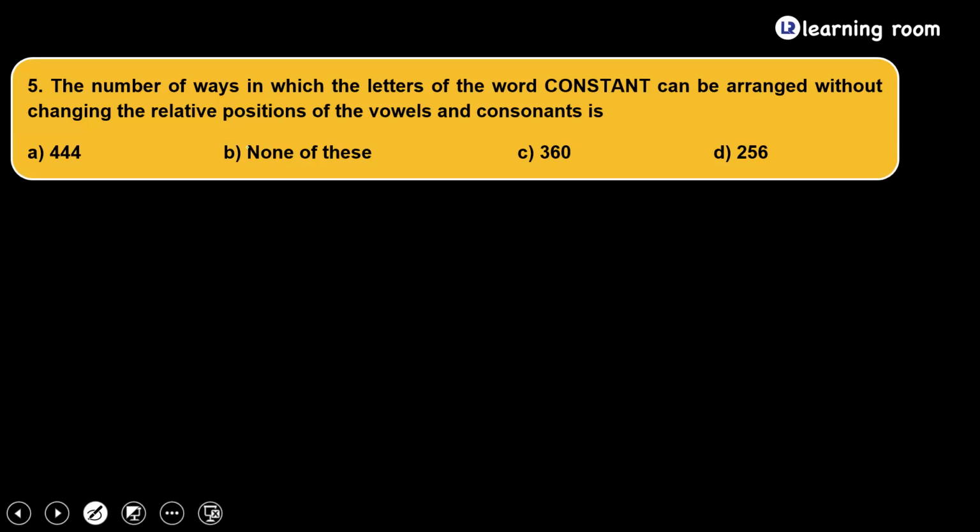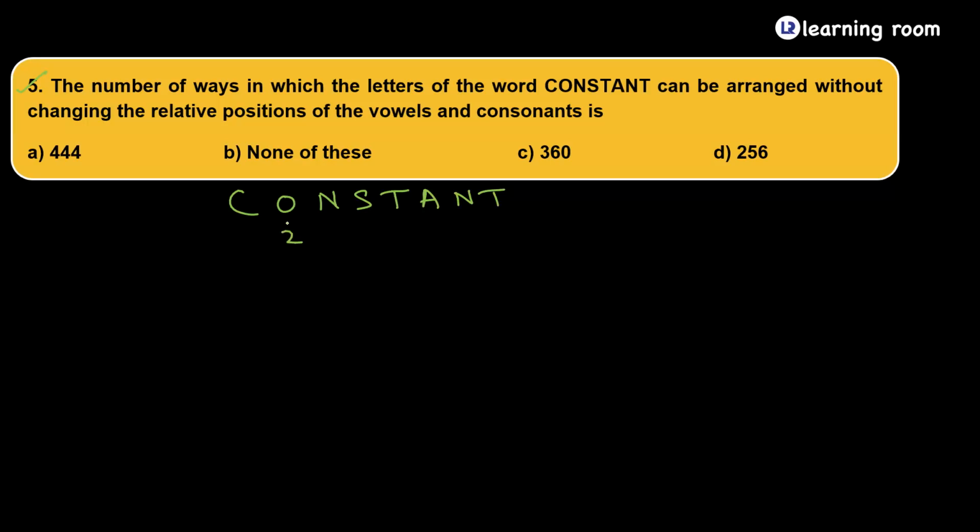Did you understand? Listen, I'll explain, I'll solve this problem. The number of ways in which the letters of the word constant can be arranged without changing the relative positions of the vowels and the consonants. So if you see CONSTANT, what are the vowels here?